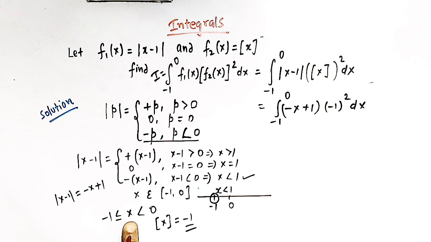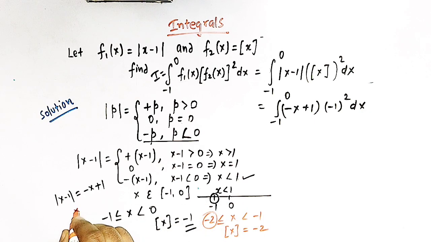So here we have used the definition of greatest integer function. When x is greater than or equal to minus 1 but less than 0, then the greatest integer of x is equal to minus 1. Similarly, when x is greater than or equal to minus 2 but less than minus 1, then the greatest integer of x is equal to minus 2.